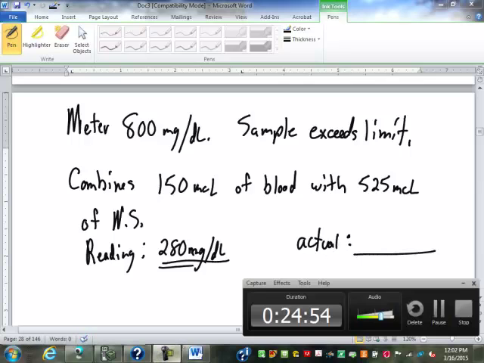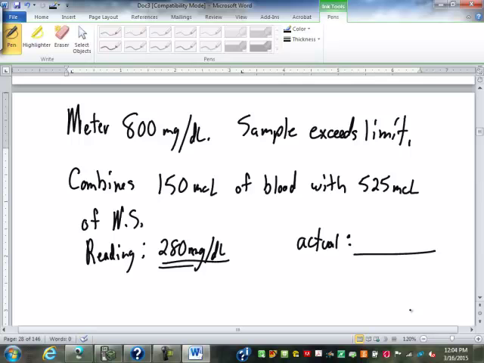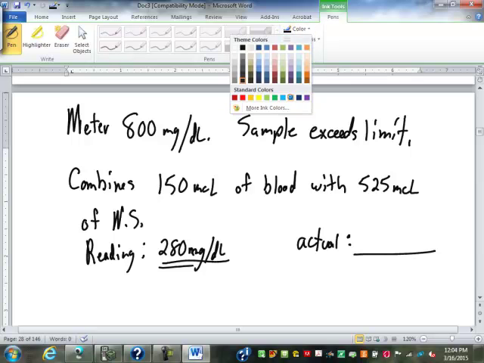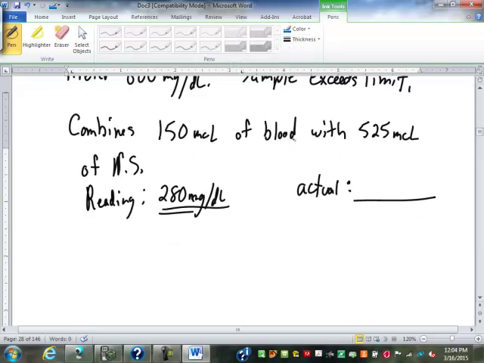I'll pause this for a second. Okay, let's take a look. So the first thing we have to do here is figure out what dilution was used. And again, we need to know serum, in this case blood, to total solution. Our serum was 150 microliters.